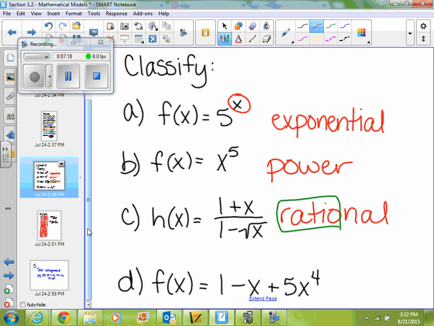And polynomial has to have decreasing exponents, so like 4, 3, 2, 1. So this one only has 4 and then a 1 and then a constant. What do we know about plus and minus? Yeah, algebraic. It has pluses and minuses in it. So it's algebraic just because it has the signs, right? Mm-hmm.